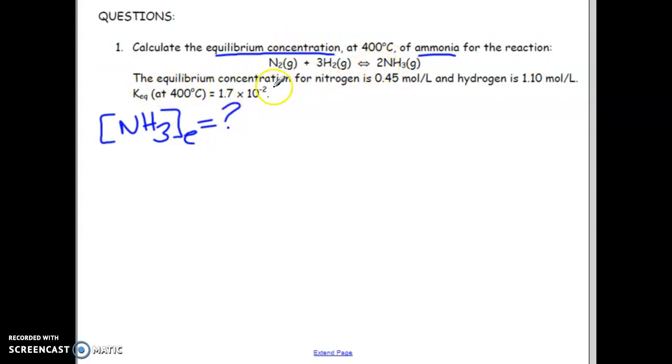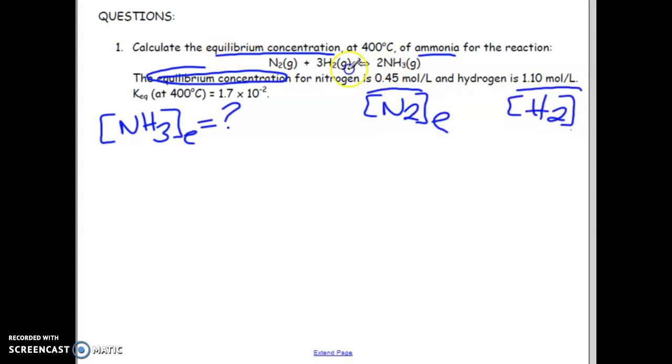It says the equilibrium concentration for nitrogen is this, and hydrogen is this. Notice they said that those are the equilibrium concentrations. So this is our nitrogen equilibrium, this is our hydrogen equilibrium, and we're given what the K value is at 400 degrees.